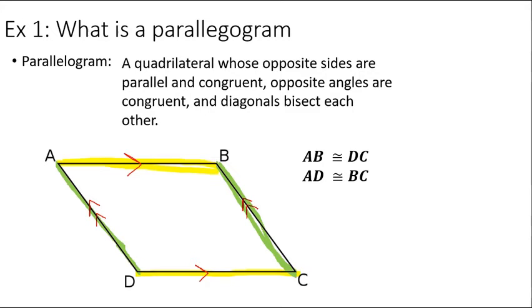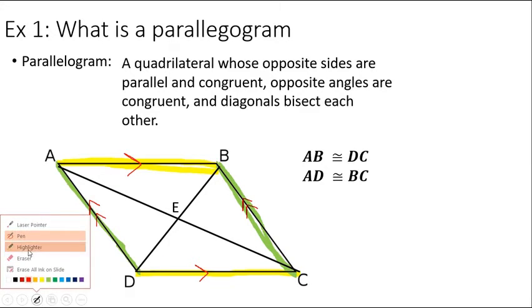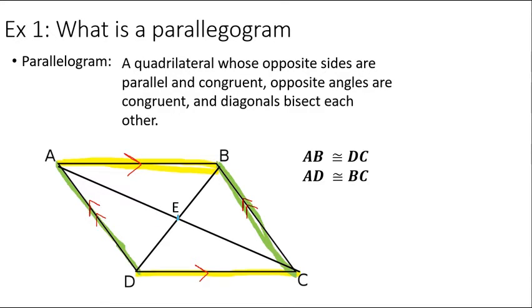Okay, the next thing is the diagonals are the lines that go from one corner to the other, like that. And you just put the point E in the middle. And then when we say the diagonals bisect each other, that means that E is in the middle. So that means that A to E and then E to C are congruent to each other. So you're going to put a mark right there.